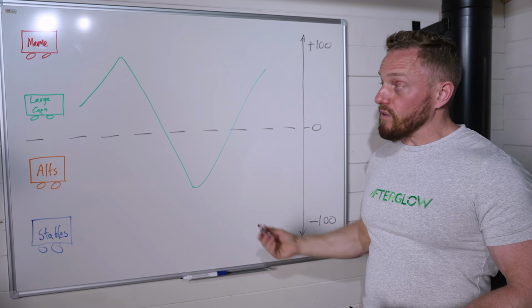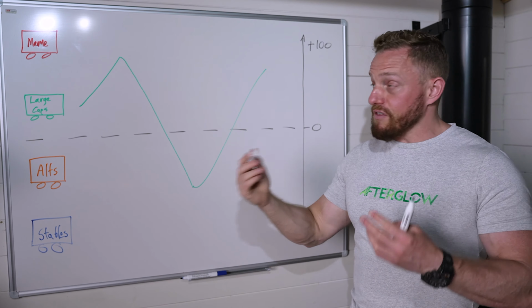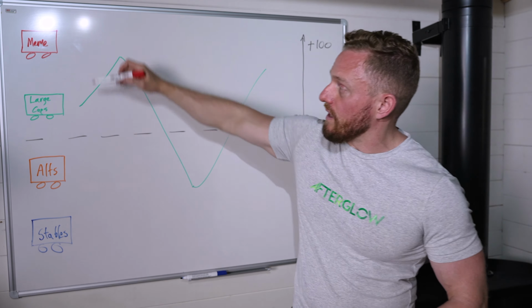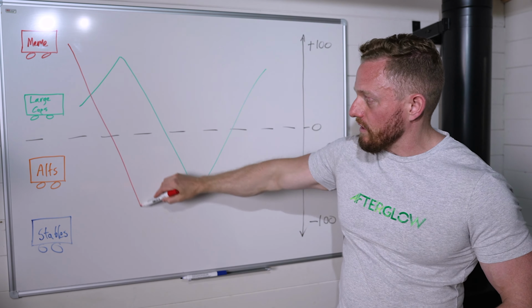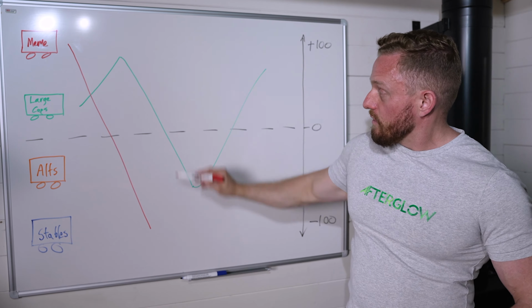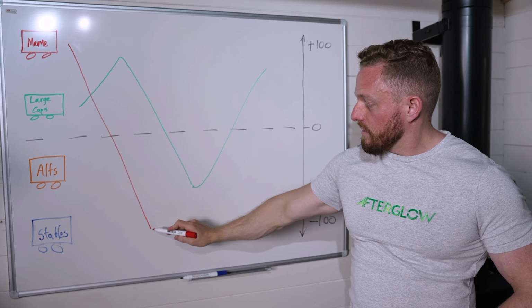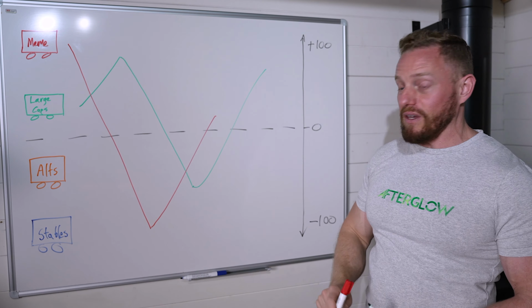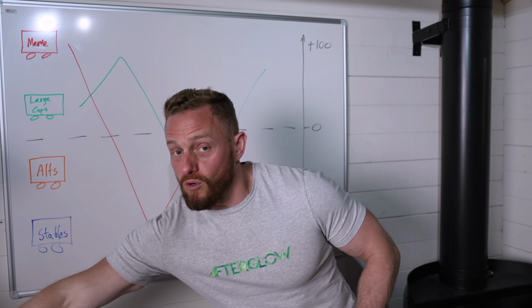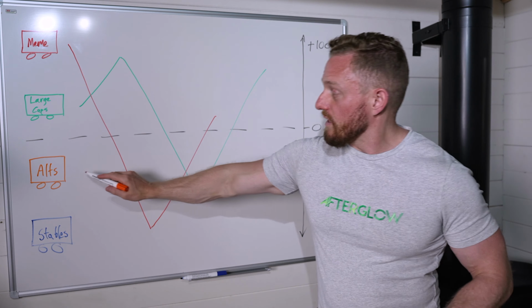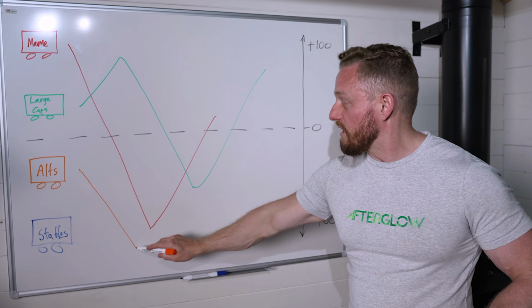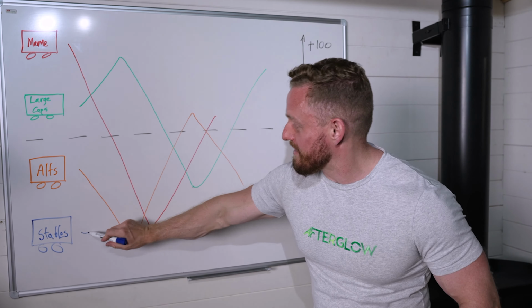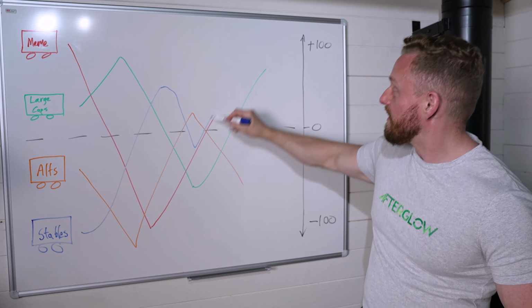And then if we start plotting the other assets, let's say when large caps are going up, meme coins are going down. And then when this hits the bottom, it swaps round, and the meme coins start going up. And so on for the other assets, like the altcoins, like this, and then the stable coins, like that.